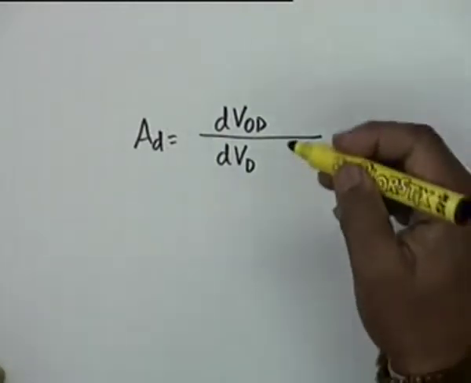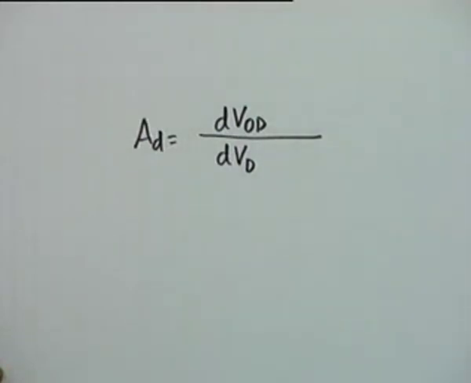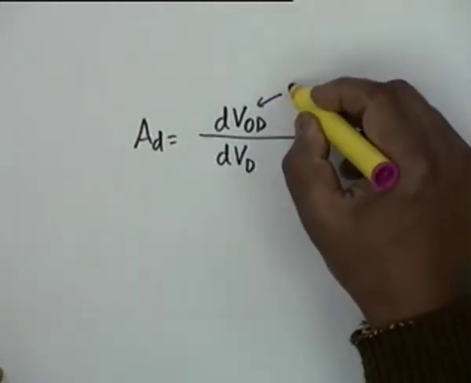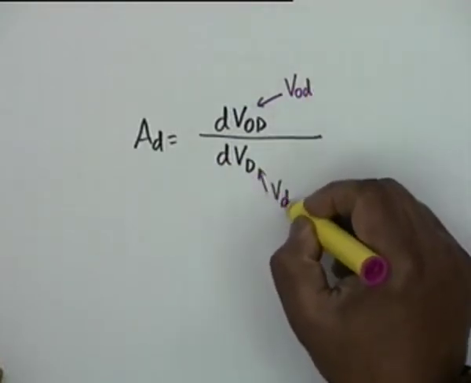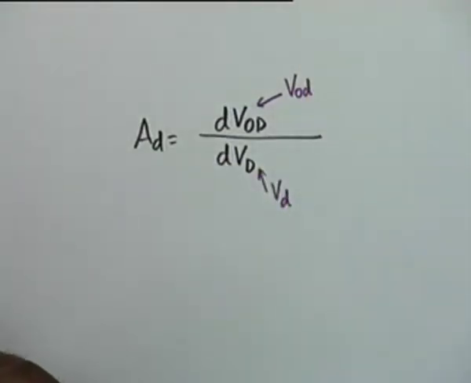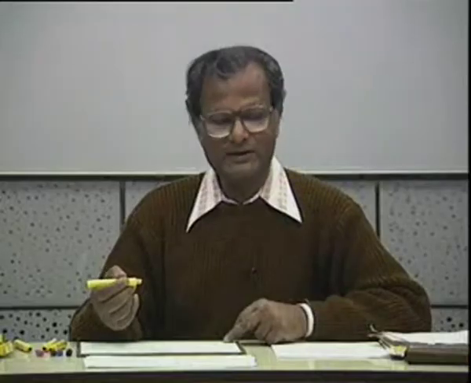Okay, this slope, this ratio shall give you the gain. You recall that this is the output signal and this is the input signal V sub D. Okay, and therefore if we differentiate this relationship, I should be able to get a gain.